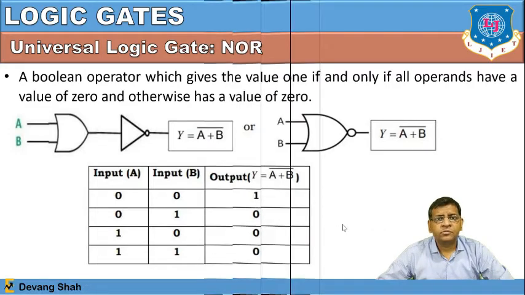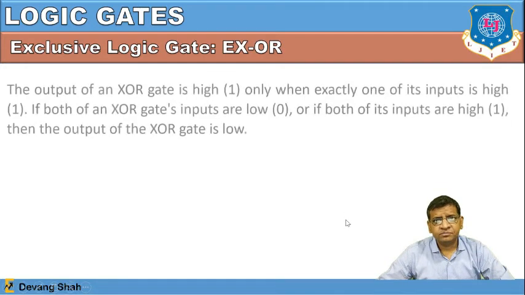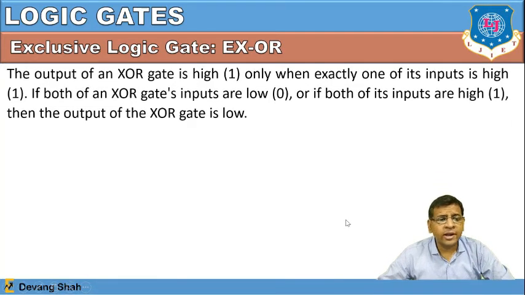If we further discuss some of the exclusive gates, you can see here the XOR gate, the exclusive logic or exclusive OR operator. The output of the XOR gate is high only when exactly one of the inputs is high, that is 1.